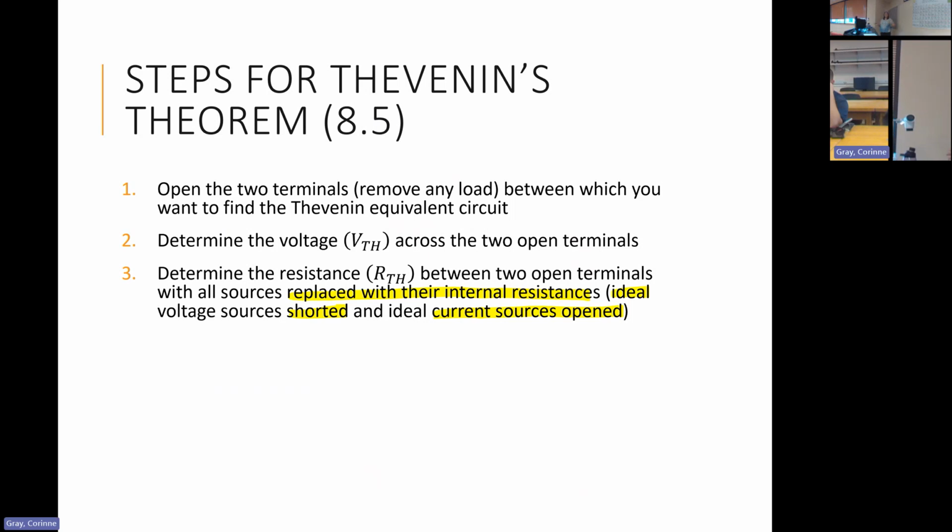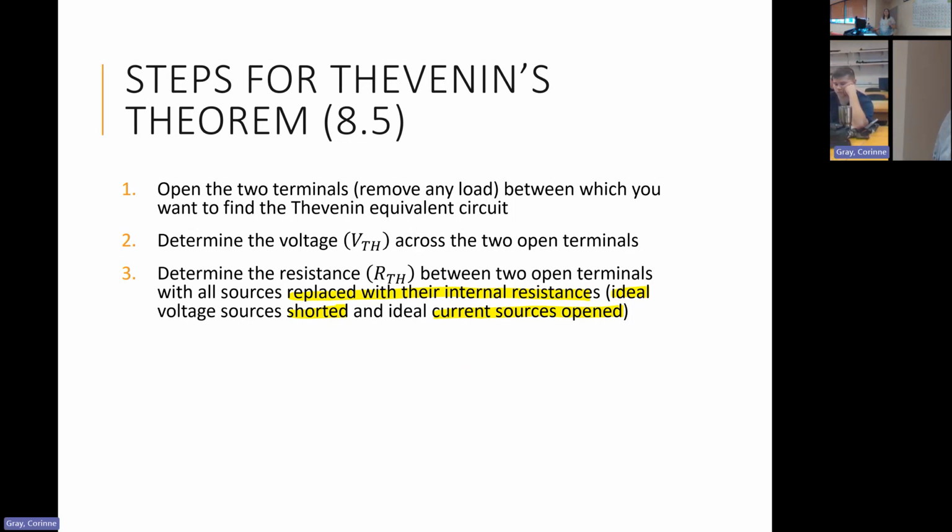So there are three things we can do: replace with a resistor, replace with an ideal wire, or replace by literally pulling it out and not replacing it with anything at all, so replacing with an open. Once we do this, that's going to help us figure out the resistance.